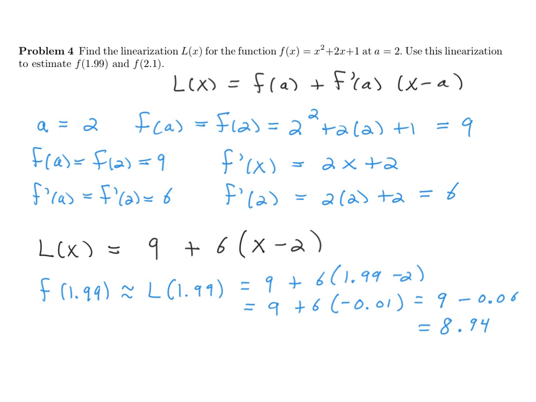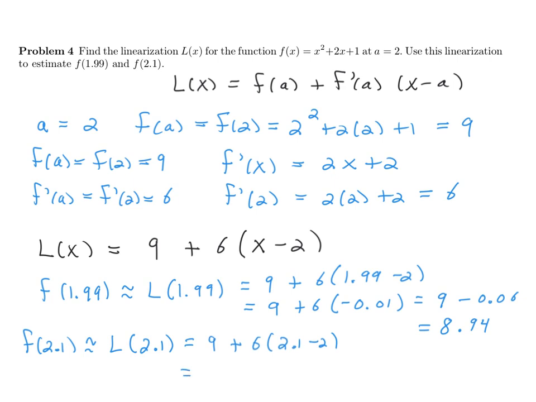Now, what is the value of f of 2.1 approximately equal to? Well, it's approximately equal to the local linearization at 2.1. And you can just take this number and put it here in place of x. That is 9 plus 6 times 2.1 minus 2.